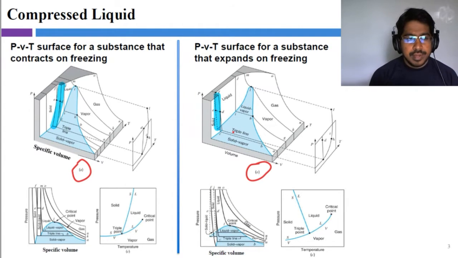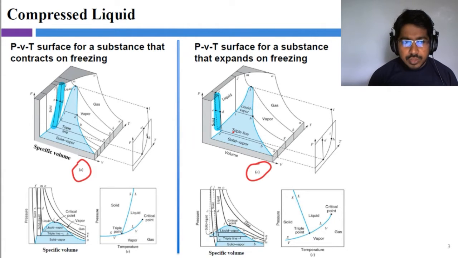When the substance moves to the left, that means as we freeze, it contracts, right? On the right, you have a PVT surface for a substance that expands on freezing. When we are moving from left to right on the specific volume axis, the specific volume is increasing, which means you are expanding.